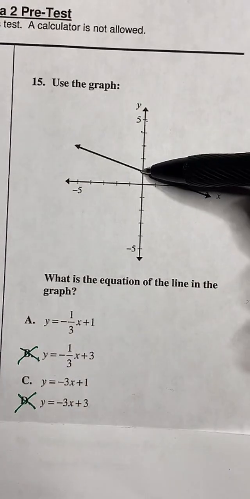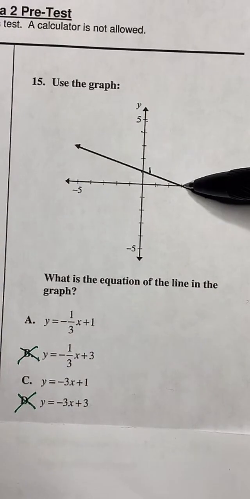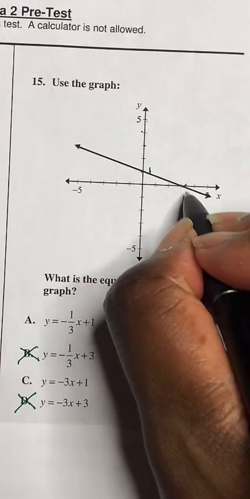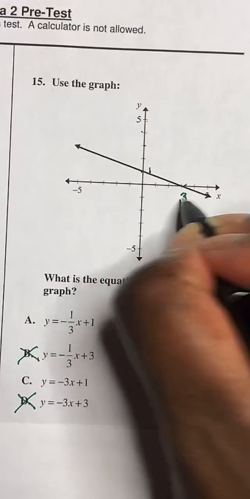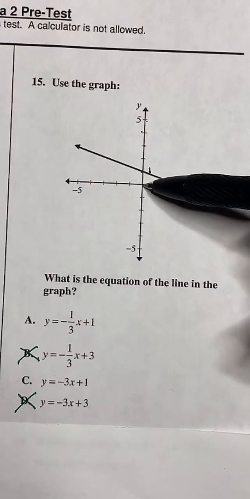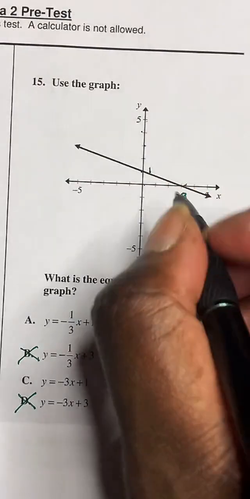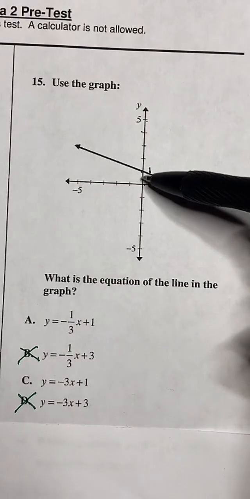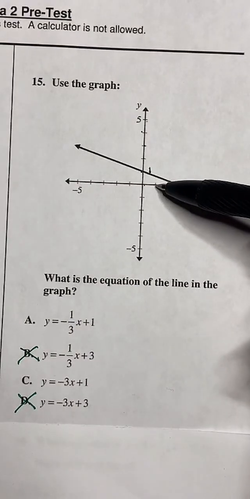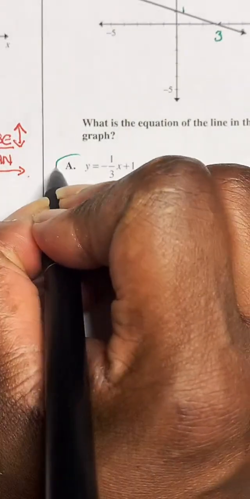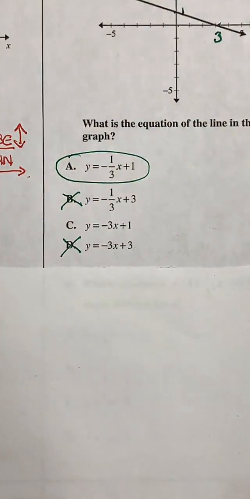If I go from this point to my x-intercept, which is at positive 3, I can go down 1 and over 1, 2, 3. So that's telling me my rise is negative 1, but my run is 3. So that gives me an answer of A.